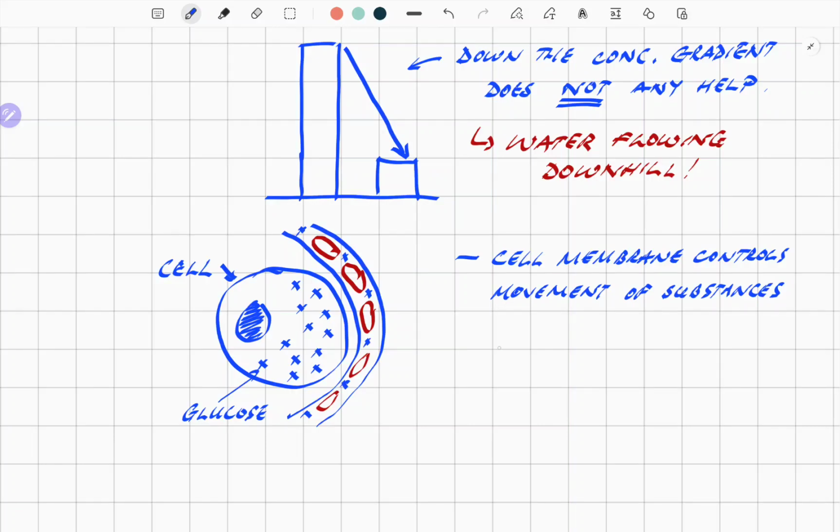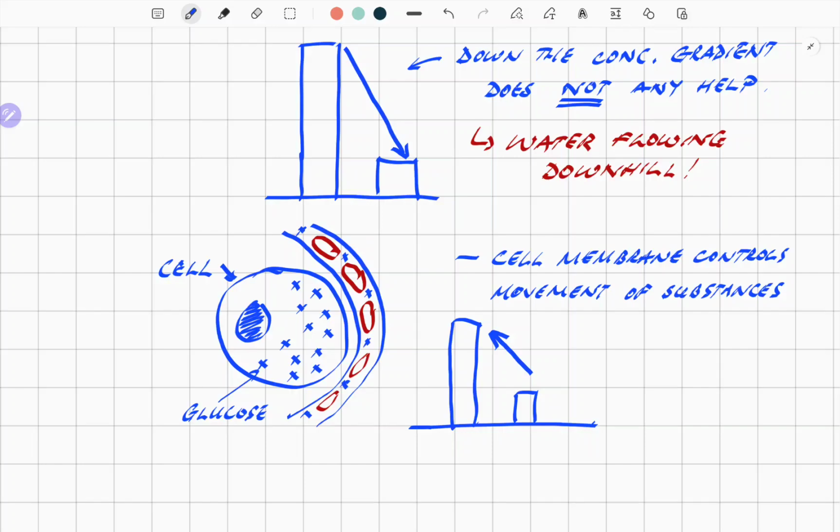This time round, we want to move it that way.